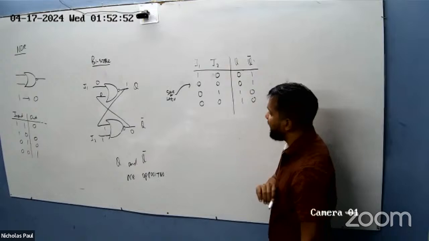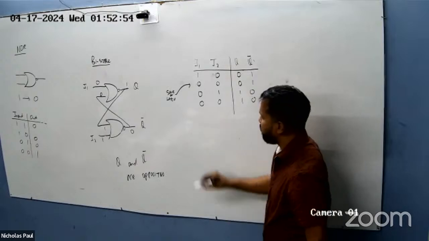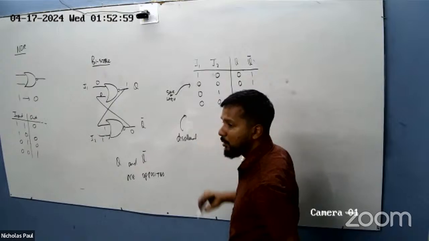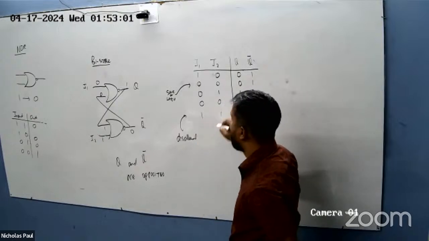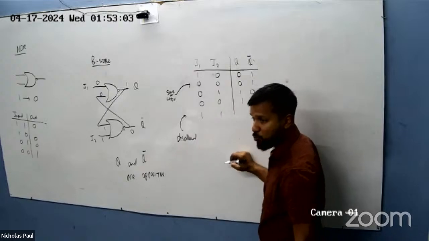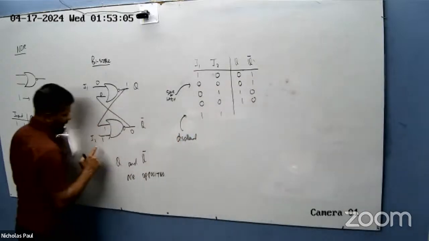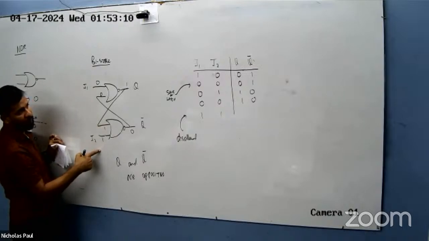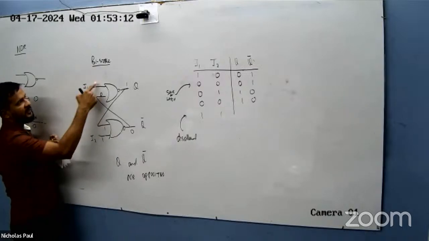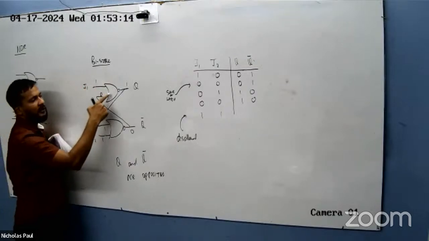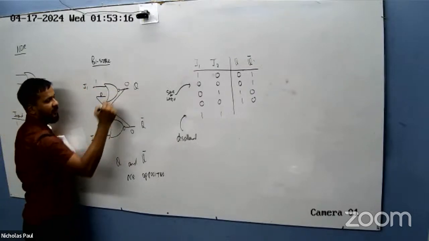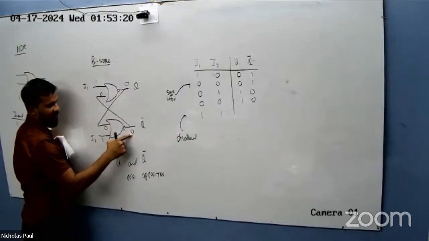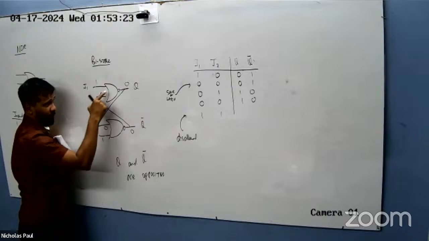There is one state that's disallowed. What state is it? 1, 1. If I have two 1s here, that's disallowed. Watch why. If I change this to 1, right? 1, 0 into a NOR gate will give me 0. 0 will come back here. 0, 1 into a NOR gate will still give me 0, 0.